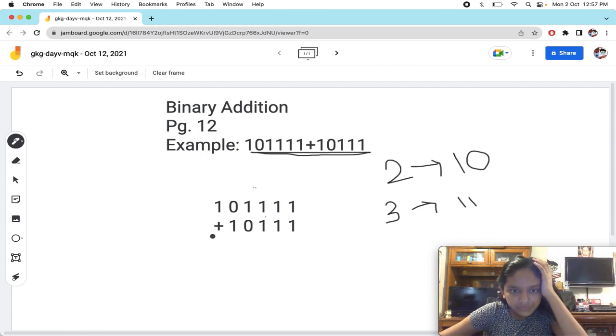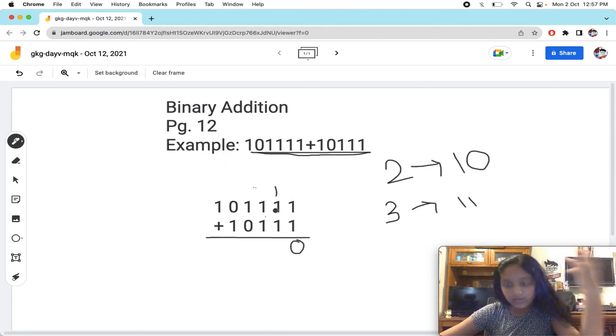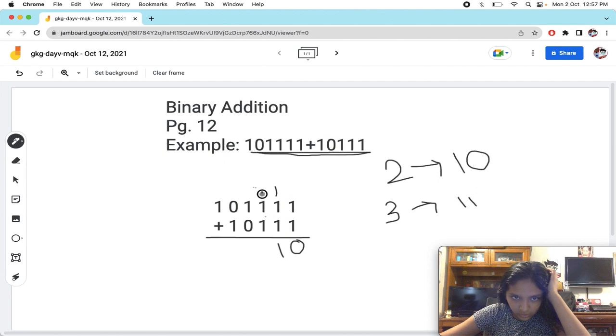So here 1 plus 1 is 2, which is 1 0 in binary, so we write a 0 and carry 1. Then 1 plus 1 plus 1 is 3, which is 1 1, so 1 and 1. Again 1 plus 1 plus 1, 3, 1 and 1.